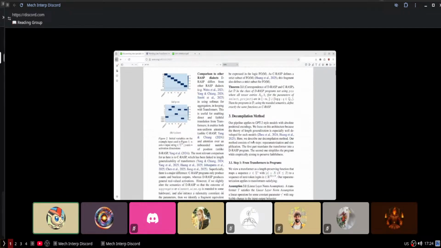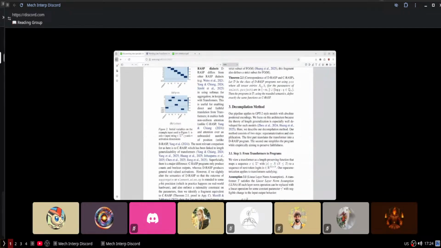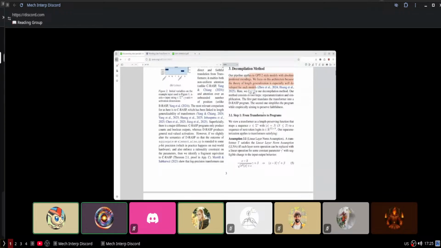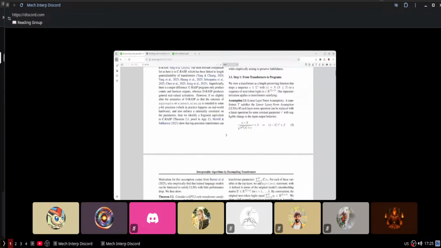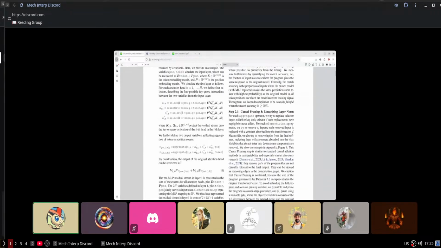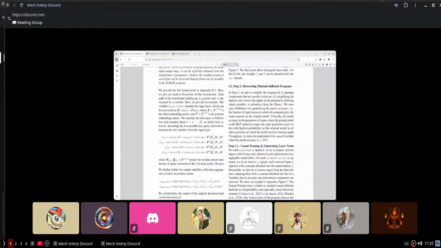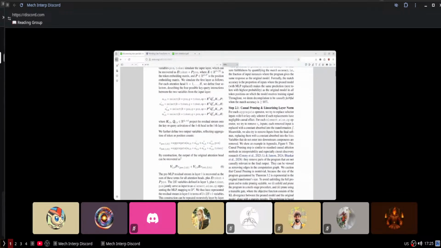Okay, going back to the comparison thing, comparison methods. So the transformer programs. Yeah.